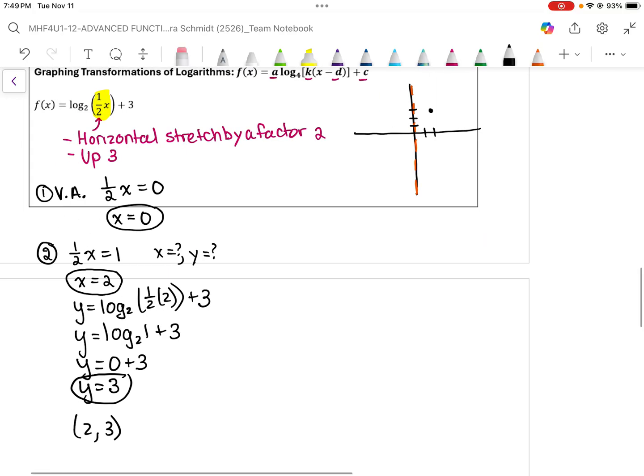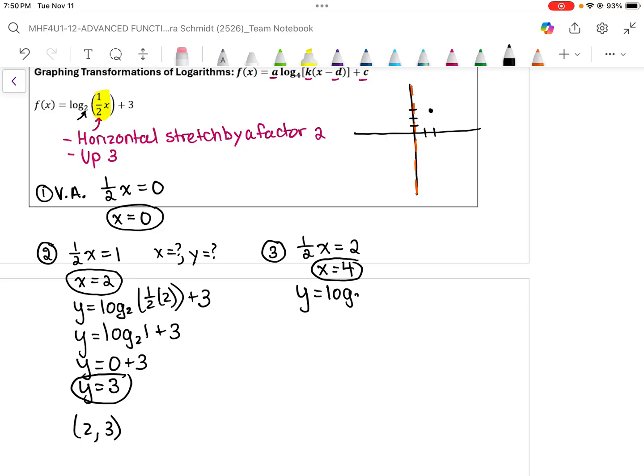And then I'm going to find one more point. I'm going to set the argument, 1/2 x, equal to whatever the base of my logarithm is. So the base of my logarithm is a 2. So I'm going to set that equal to 2. And then I'm going to solve for x. I'm going to multiply both sides by 2 just to get rid of this fraction. So I get x must equal 4. And now I need to find my y value.